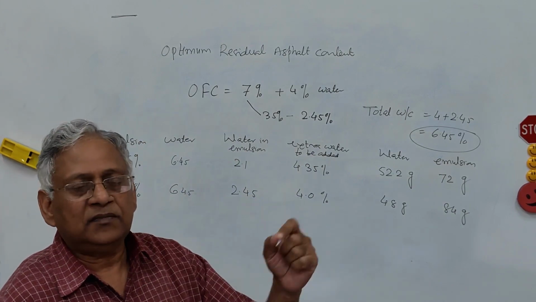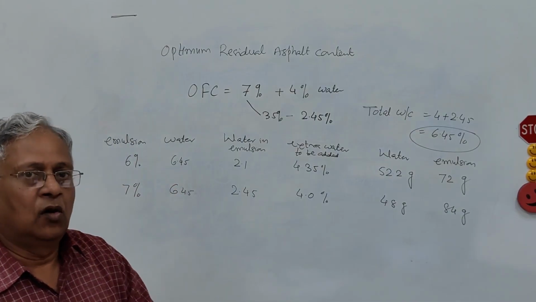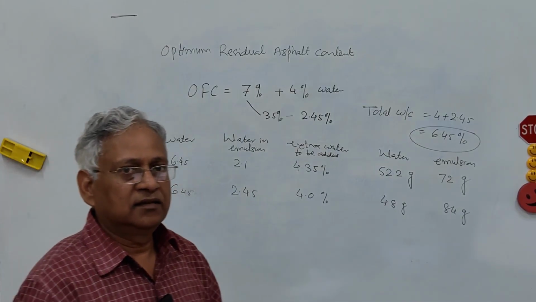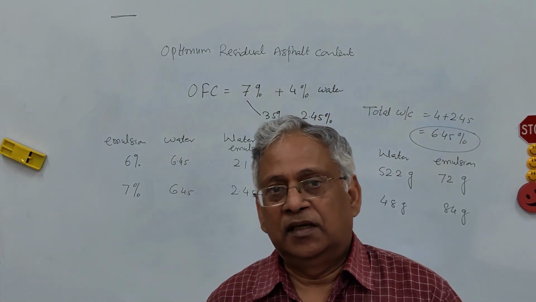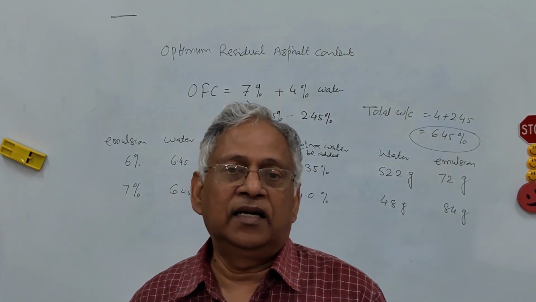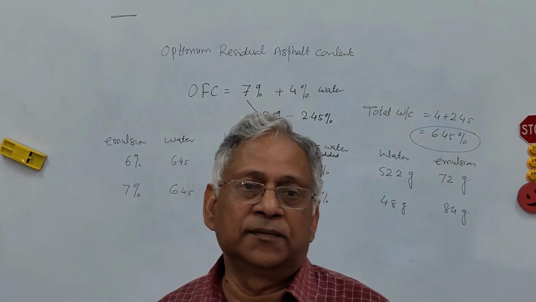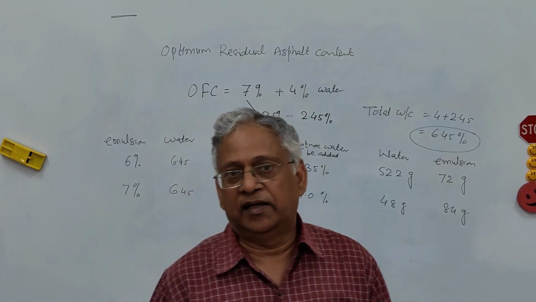Compact it with 50 blows of the Marshall hammer on each face, and after that, cure the specimen in the mold itself for 1 day at room temperature, and then extrude the sample from the mold and keep it at 38 degrees centigrade for another 1 day.